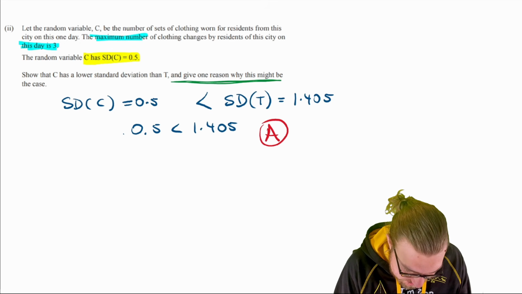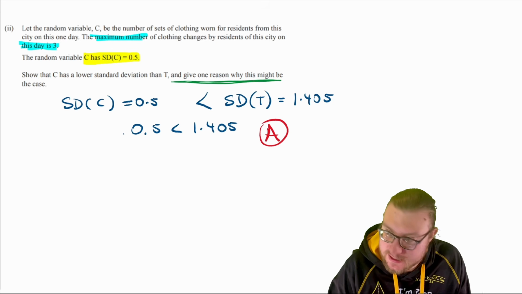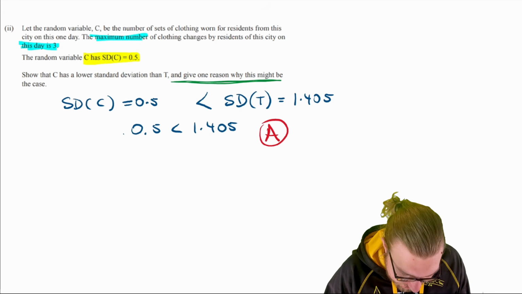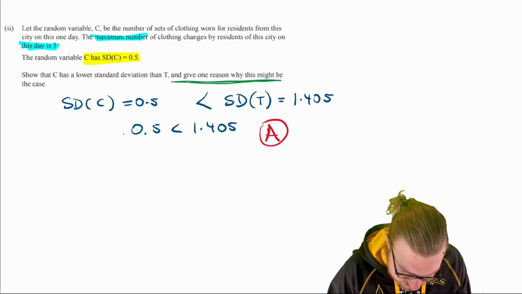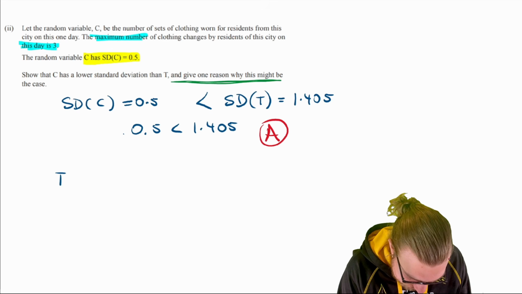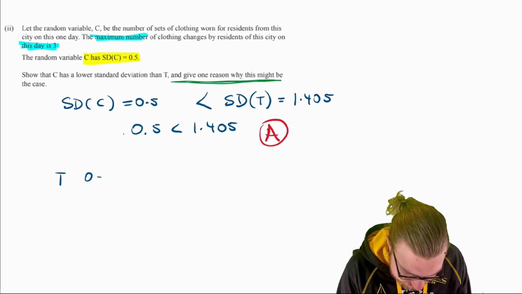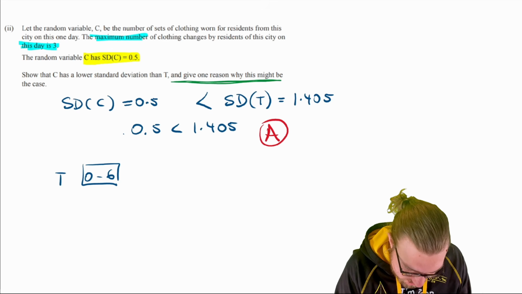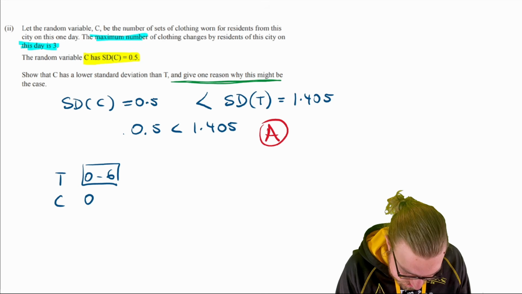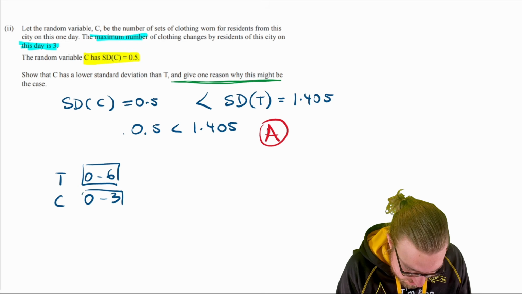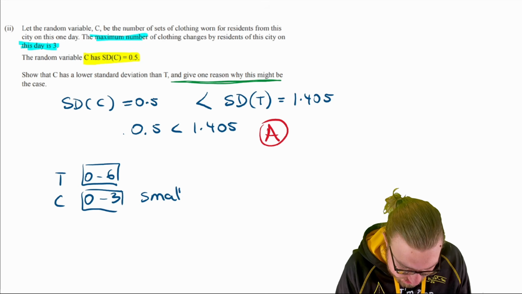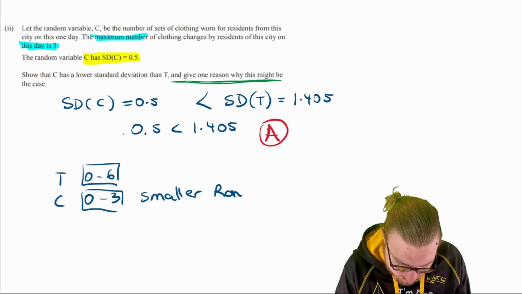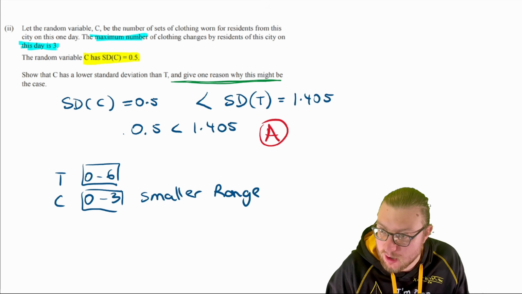Here, T is our towels, a number between 0 and 6. And C, the clothes, is a number between 0 and 3. So we have a smaller range of values for our clothes.